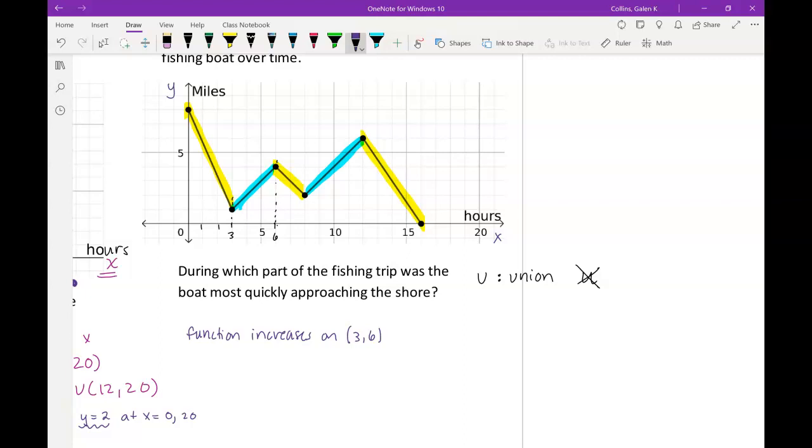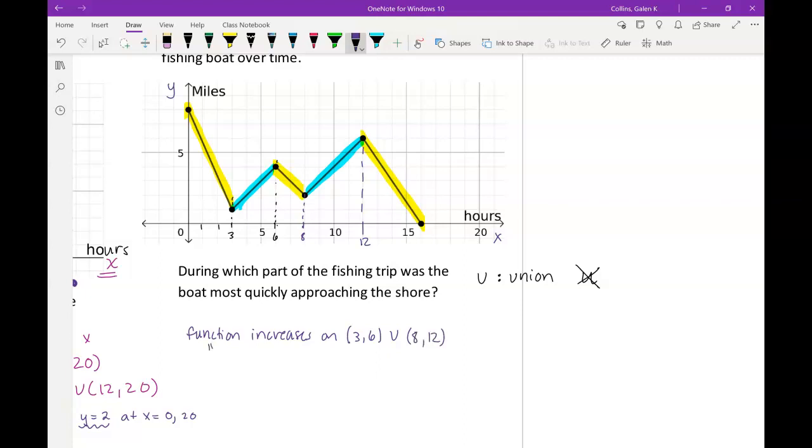It's just over the interval. But we said the function increases again, and that would be from where x equals 8 all the way over to where x equals 12. So I'm going to join those intervals with the union symbol and say from 8 to 12.